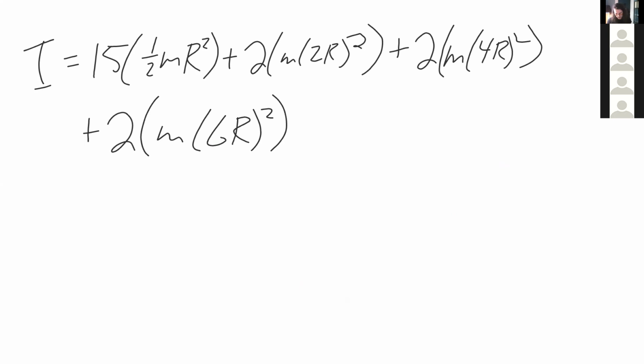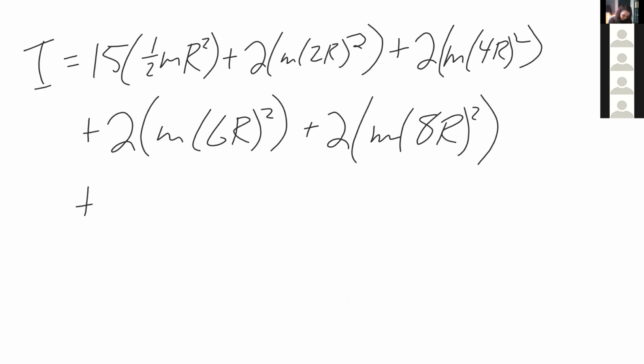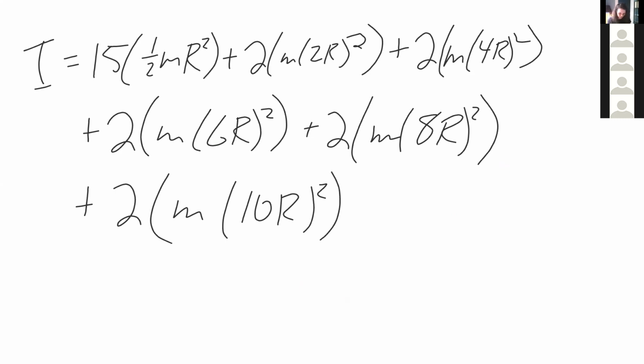1, 3, 5, 7, plus 2 times m times 8r squared. These are the guys that are 4 disks away. Plus 2 times m times 10r squared. 2, 4, 6, 8, 10, 11.